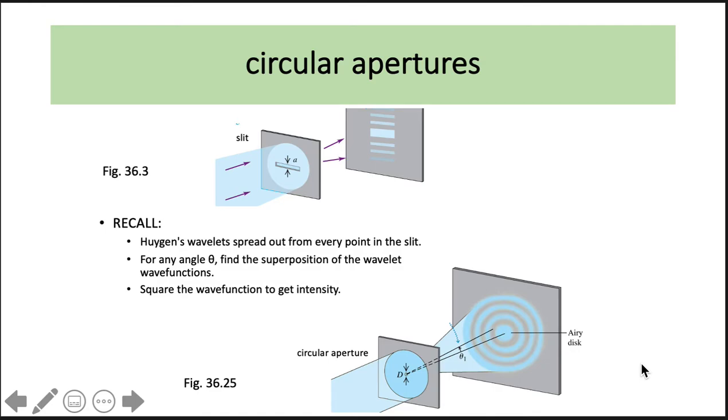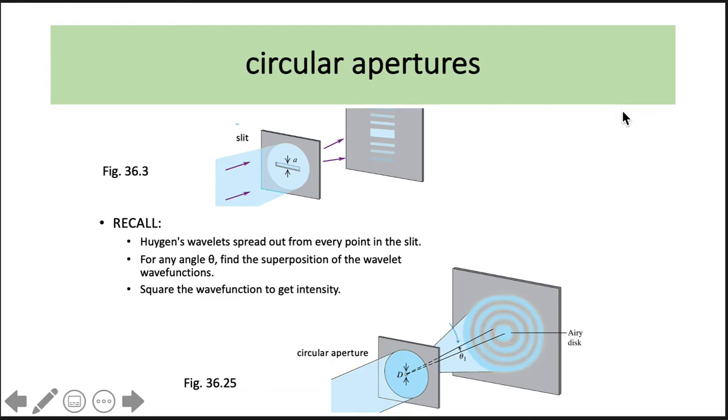And what you get, it's kind of interesting, is an interference pattern of rings. So it's a bright central maximum surrounded by a ring of destructive interference, and then another bright ring, and then another ring of destructive interference, and so on. So instead of a bright central line from a slit, you get a bright central circle surrounded by a minimum.